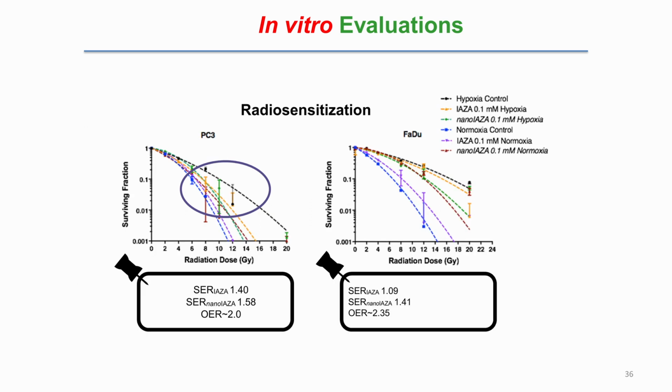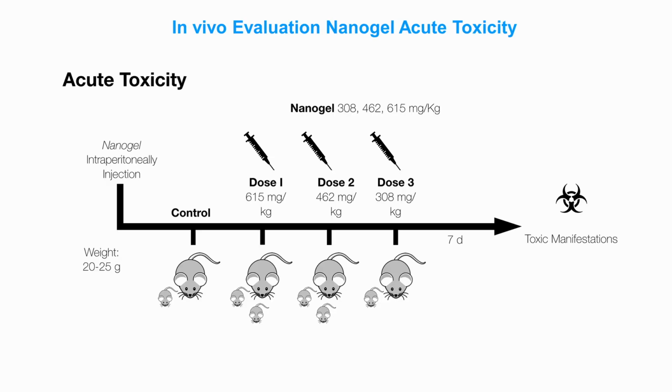One thing that is important when we look at the radiosensitization is the sensitization enhancement ratio. With the IAZA alone, it is 1.4, and when we have it in the nano formulation, it is 1.58. We used PC3, which is a prostate cancer cell line, and the FaDu cell line for this drug. We have also looked at the toxicity of the nanogel alone.